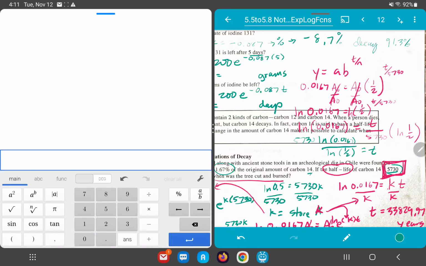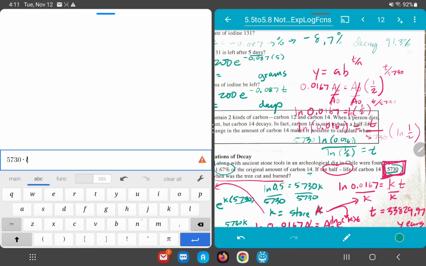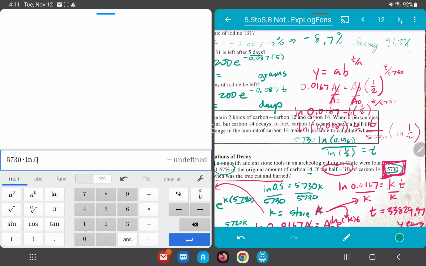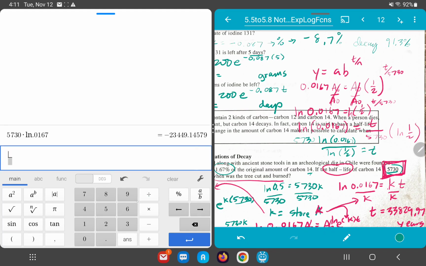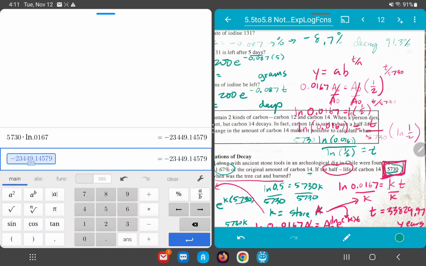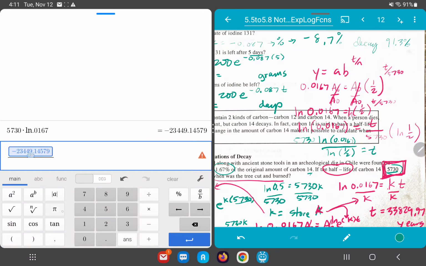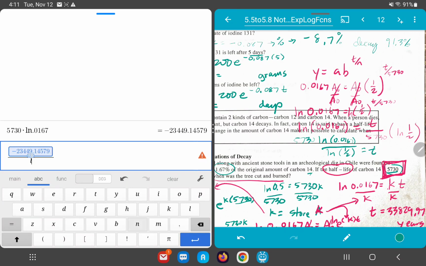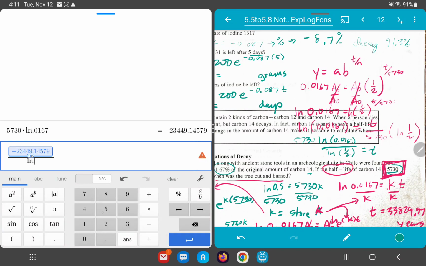All right, so I'm going to go ahead and type in 5730 and multiply that by ln of 0.0167, and then I'm going to take this answer and divide it all by ln of 0.5.